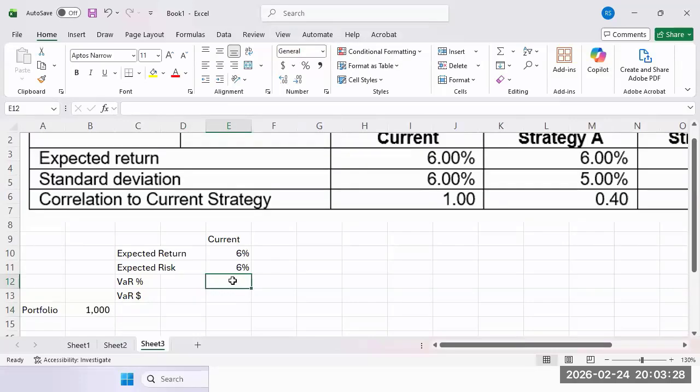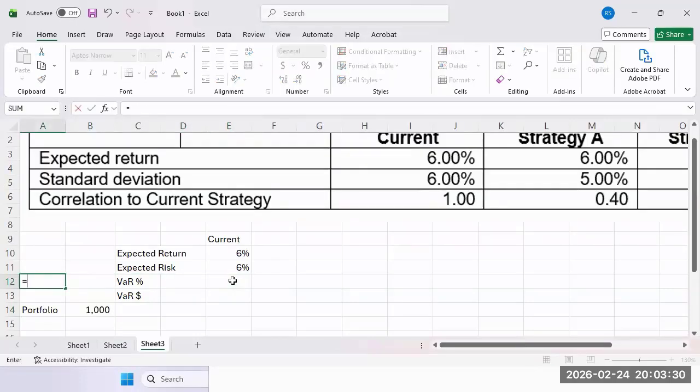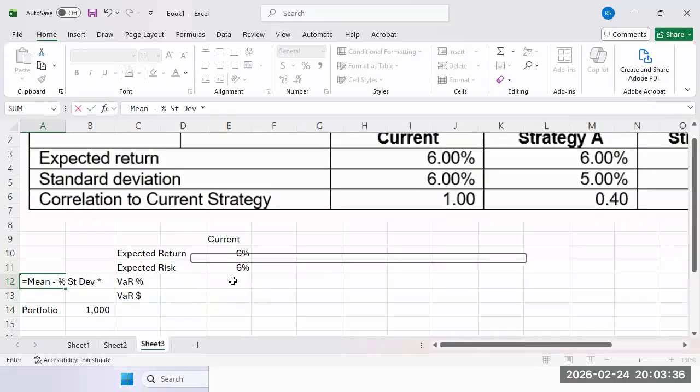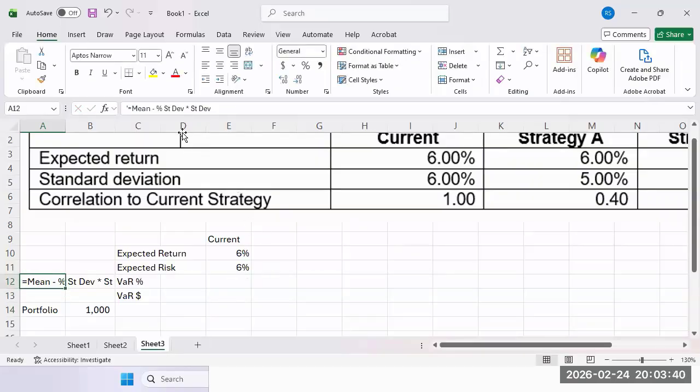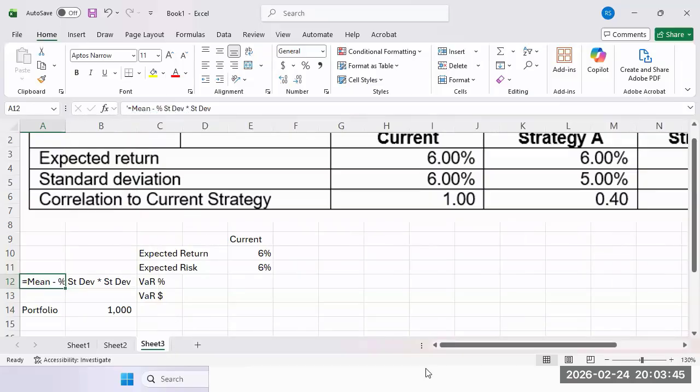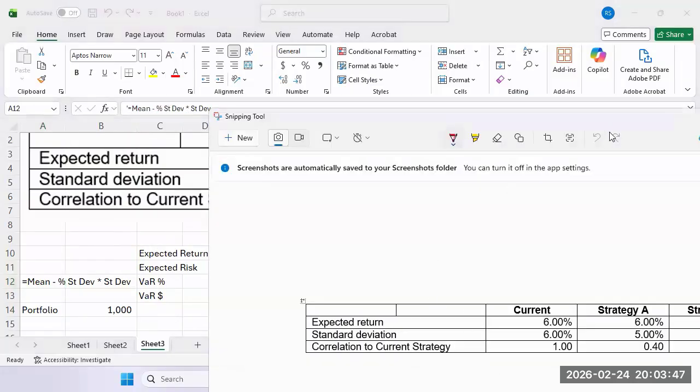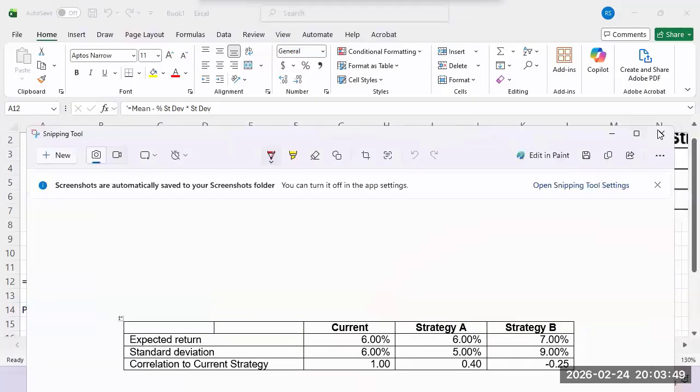So the VAR, you remember the VAR formula? Mean minus number of standard deviations times the standard deviation. Y'all remember that? That formula sounds familiar, hopefully. How many standard deviations are in this problem? I don't know what this stuff down here is. I can get rid of that.